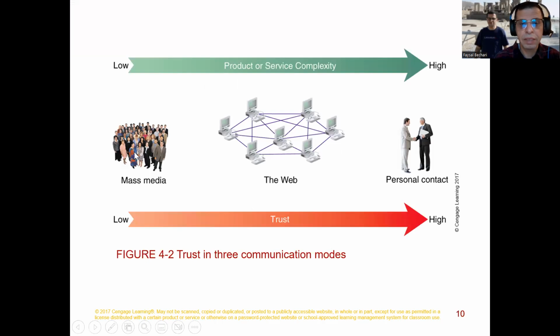So you have the mass media here, which is low trust, and the product or service complexity usually targeted is very low. And then you have the extreme one, which is personal contact. It has to be high trust and high product or service complexity, like the example we brought of Technology Evaluation Centers.